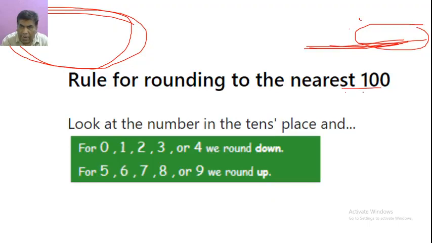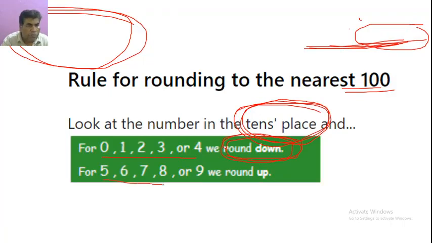For the nearest 100 also, same rule. But here we have to see the tens place. If in the tens place we have 0, 1, 2, 3, 4, then we have to round it down.